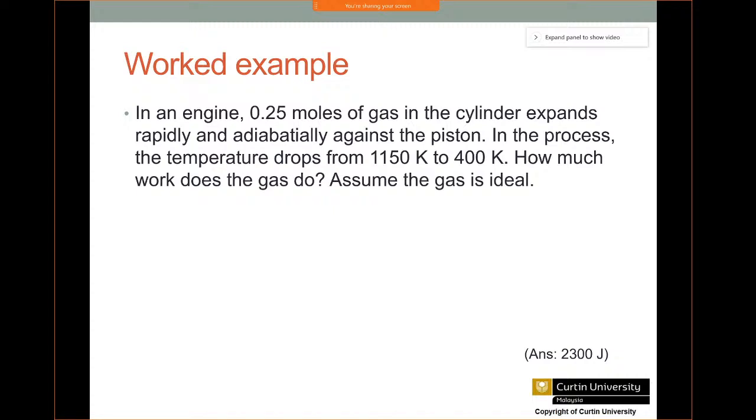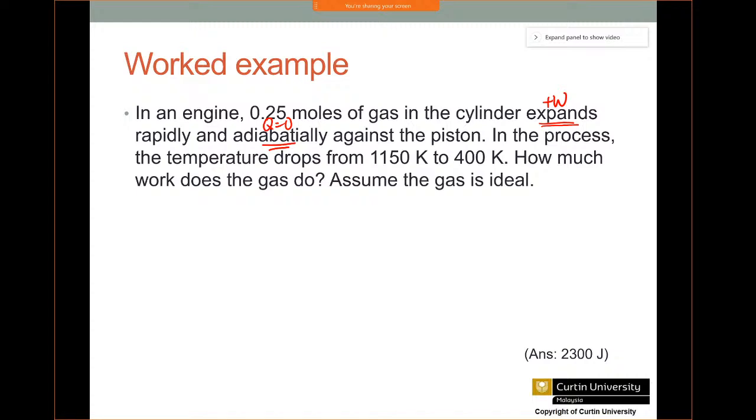So let's try on the work example. In an engine, 0.25 moles of the gas in the cylinder expand, means work done by gas. And adiabatically, Q equals 0. So in the process, temperature drops from 1150 Kelvin to 400 Kelvin.